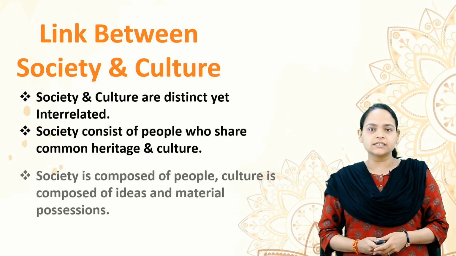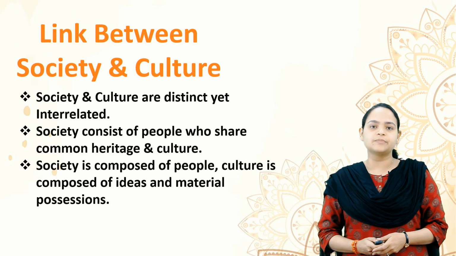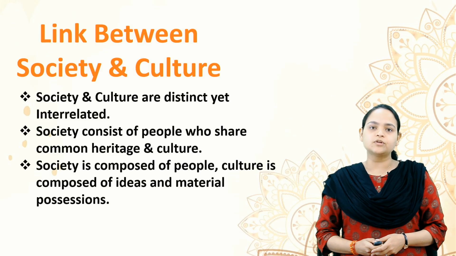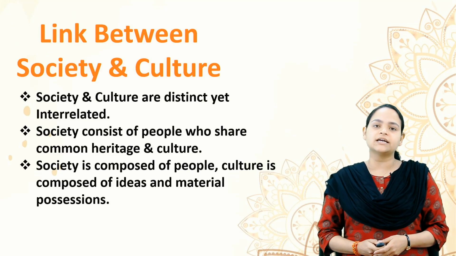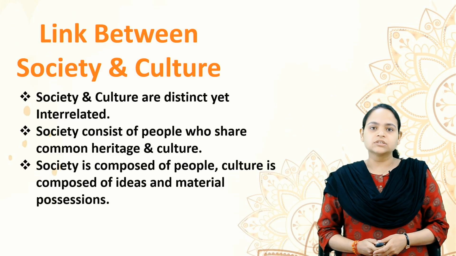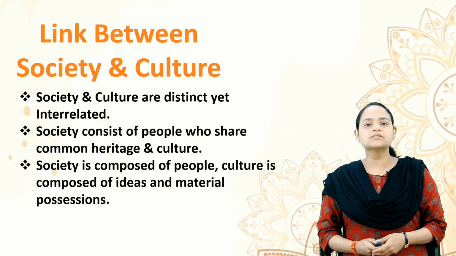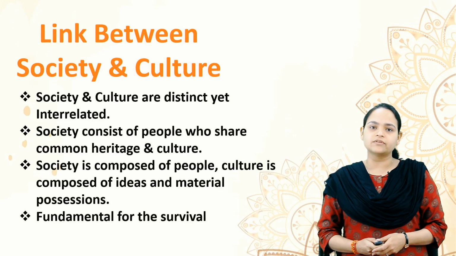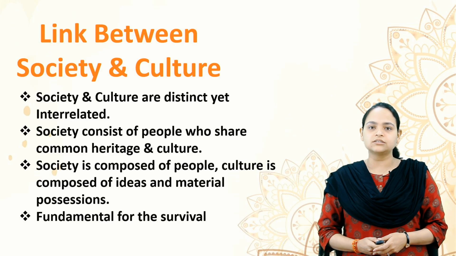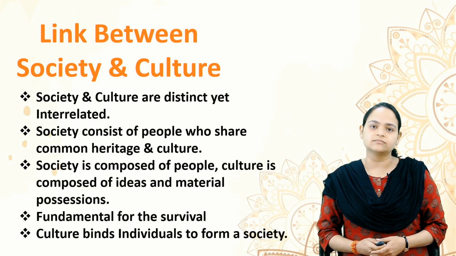Whereas a society is composed of a people, a culture is composed of ideas, behavior, and material possessions. Therefore, it would be apt to state that society and culture are interdependent; neither could exist without the other. Thus, as culture is essential for individuals, it is also fundamental for the survival of societies. Gillin and Gillin have compared culture to the cement that binds individuals together into a society.